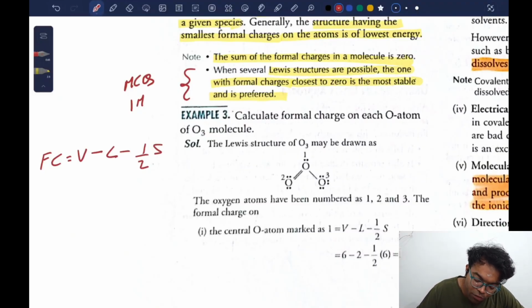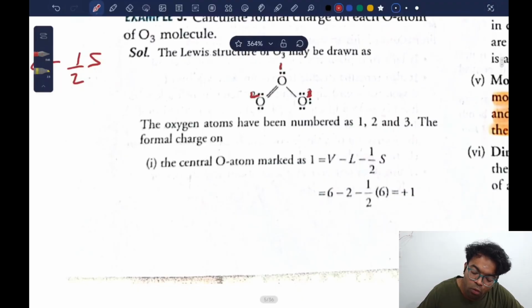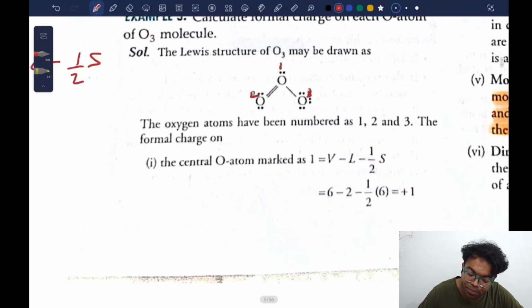Now, the Lewis structure of O3: the oxygen atoms are numbered 1, 2 and 3. The central oxygen atom is marked as 1. What will be the formal charge on the central atom?